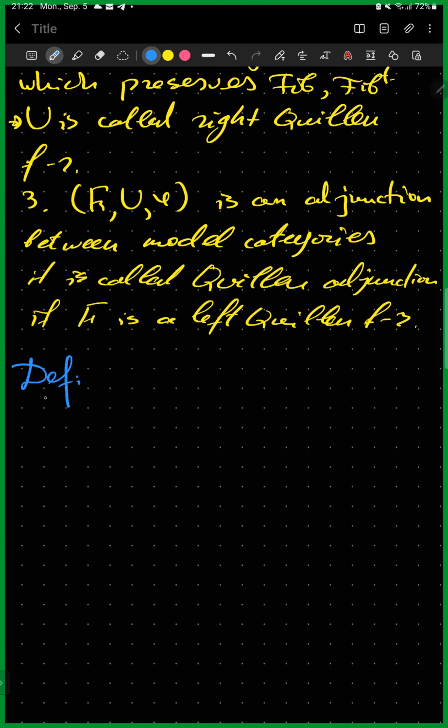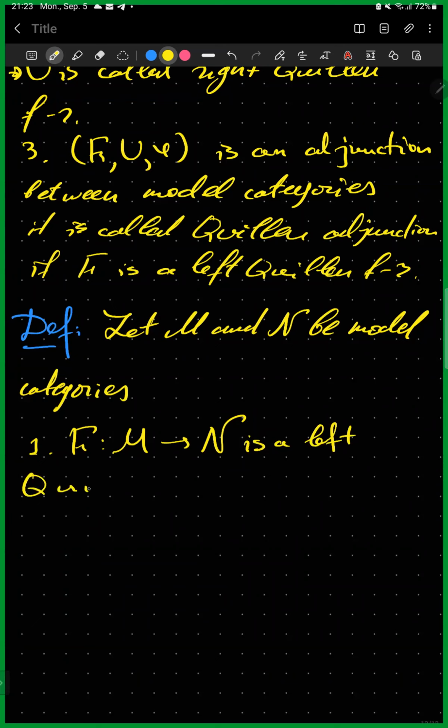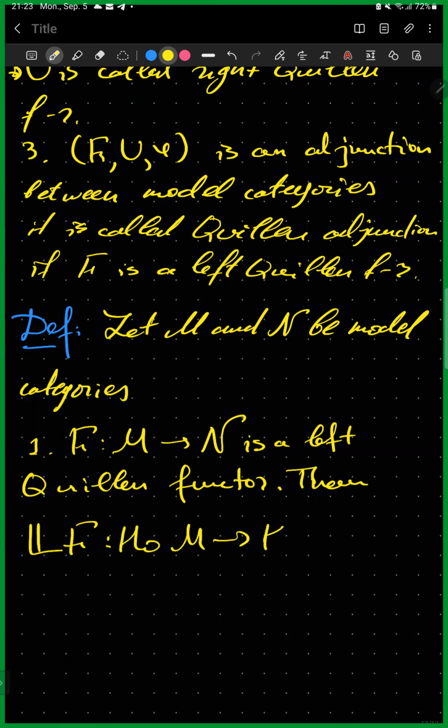So once again, let M and N be two model categories, and assume that F from M to N is a left Quillen functor. Then we have the total left derived functor between homotopy categories, which is defined as a composition of the following form.